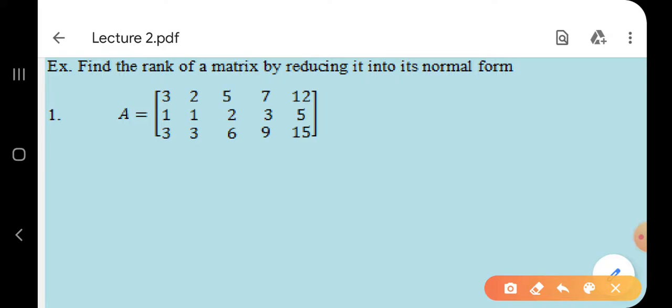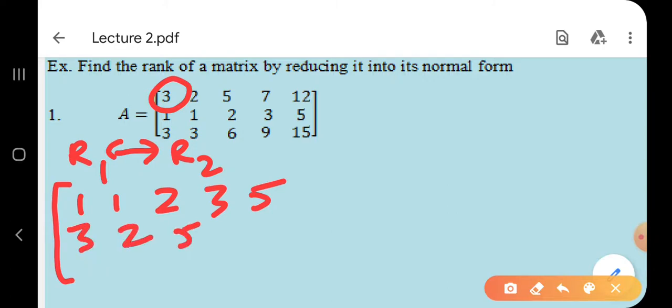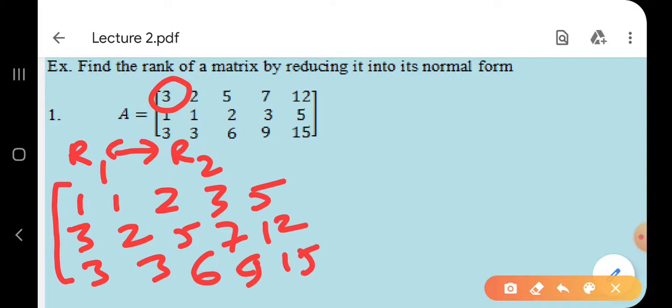Now by our usual method, in this position we want 1, so we interchange R1 and R2, correct. So what I get here is 1 1 2 3 5, then 3 2 5 7 12, then 3 3 6 9 15, correct.